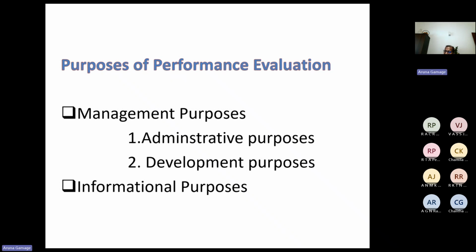Students understand one is reward management. In order to do reward management, performance evaluation is important. Under reward management, you have to decide whether salary increments are given, who should be given salary increments, and what is the size of the increments. Normally in many private sector organizations, salary increments are given based on performance.